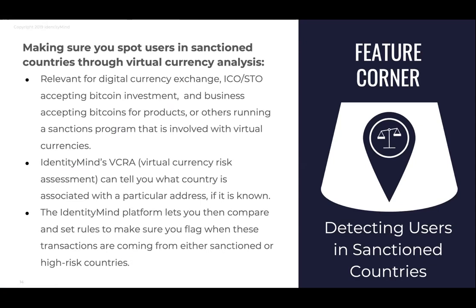And the partner technology we're using allows us to bring that country in country code. So within the system, you can say, these are the countries that I don't want to do business with, that I need to compare because they are considered either sanctioned or high-risk countries.